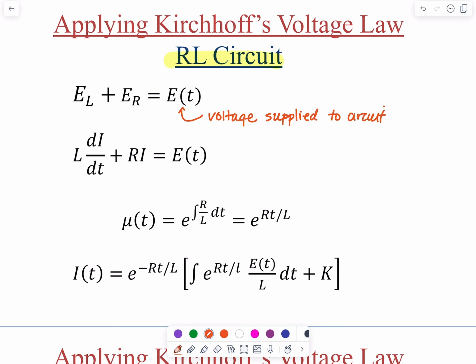And then taking a look at E sub L, here we have the voltage drop across that inductor. And then here we have E sub R, and that is going to be the voltage drop across the resistor.